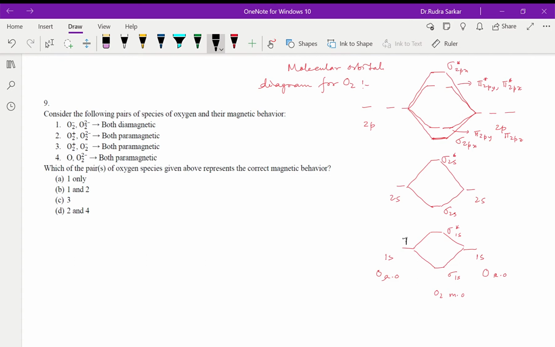And we know that in oxygen there are 6 electrons in the valence shell. In total oxygen has 8 electrons, as the atomic number of oxygen is 8.